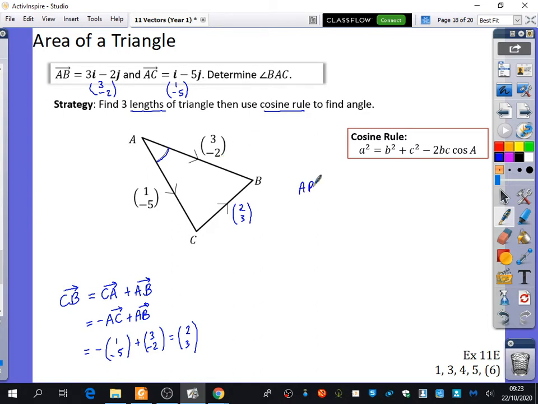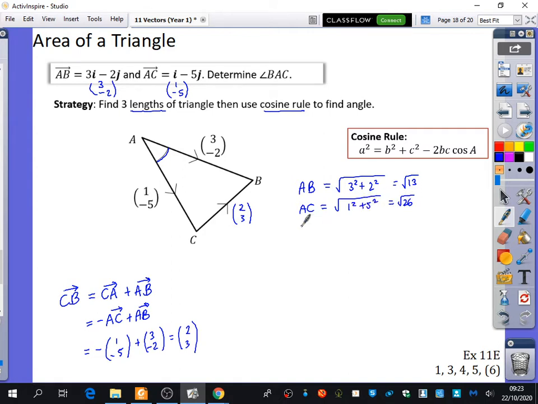So I could say that AB, notice how I'm not saying it's a vector anymore, I've just got it written as two letters, would be the square root of 3 squared plus 2 squared, which is root 13. Then AC is going to be the square root of 1 squared plus 5 squared, which is root 26.